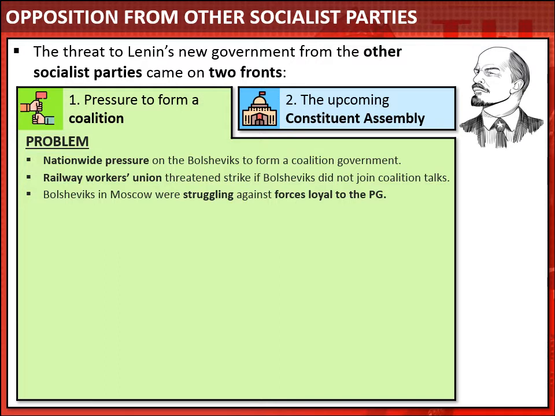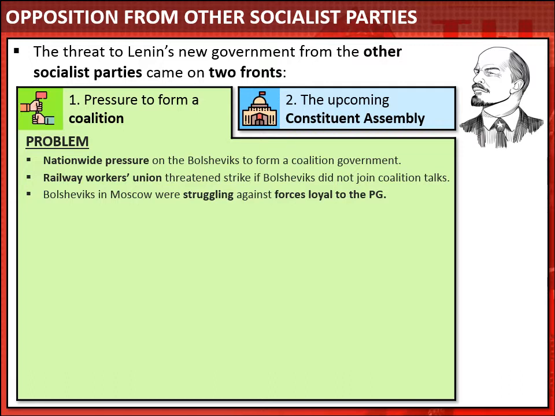Now, Lenin had no intention of forming a coalition government, but his position at this point was not strong enough to refuse coalition talks. Why was this? There were two factors which weakened Lenin's position. Firstly, the Railway Workers' Union threatened to strike if the Bolsheviks did not join coalition talks. That strike would stop grain supplies reaching the cities, and that would likely bring the Bolshevik government down.